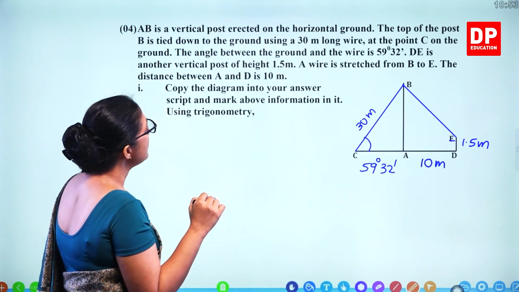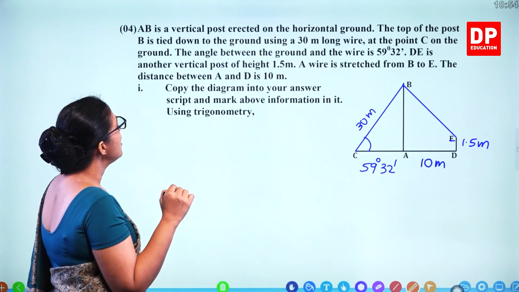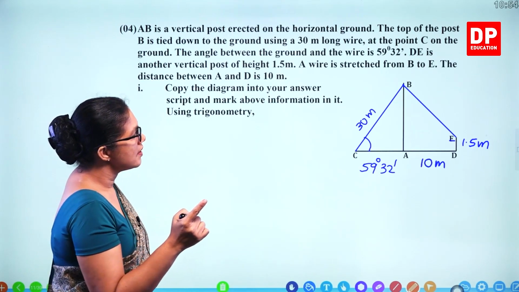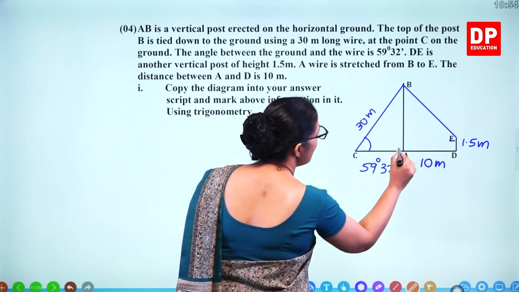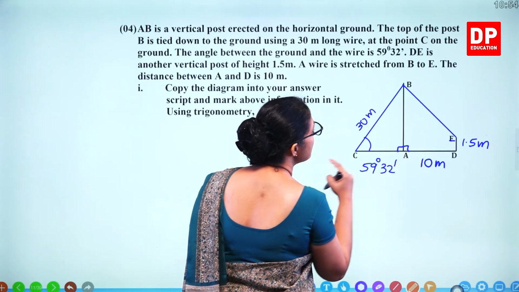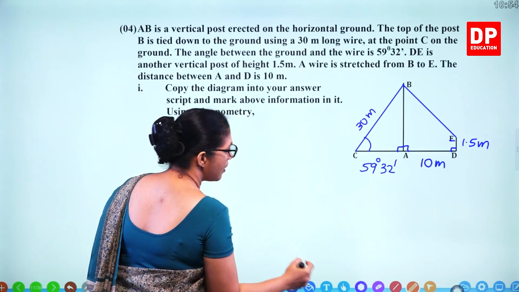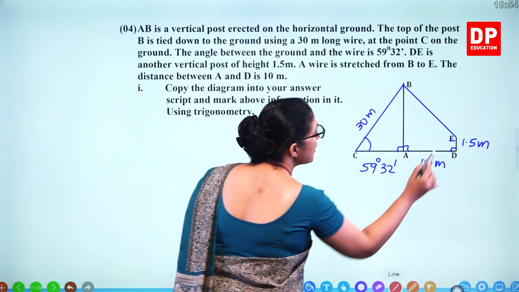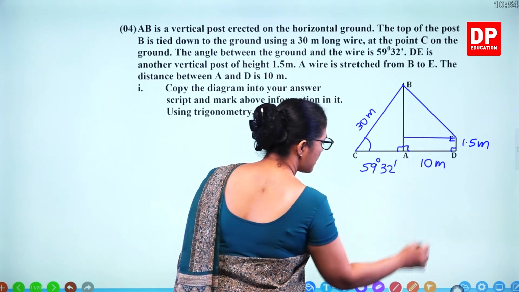Copy the diagram into your answer sheet script and mark the above information in it. Then you have to answer the questions given. So here we can say these are 90 degrees. This is a post. And we can draw a line here also, showing that this length is the same.